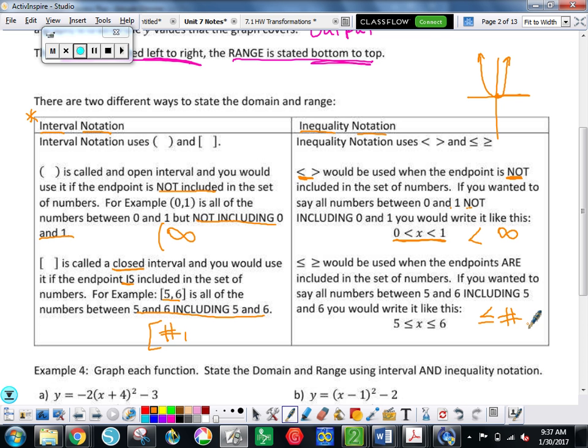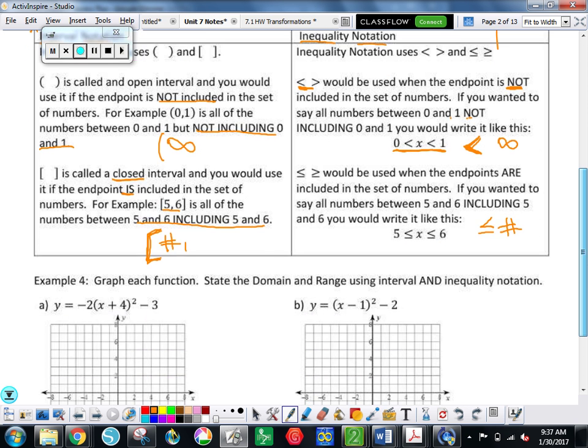Now, with increasing and decreasing, we didn't use the bracket at all, because it wasn't increasing at that height. So for domain and range, you use the brackets if it's including the number, or the open parenthesis if you're dealing with infinity.